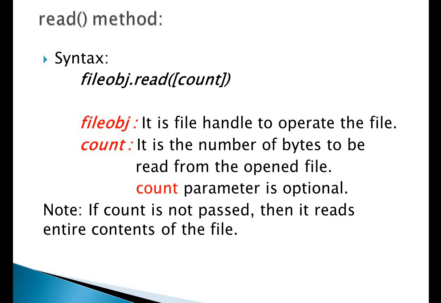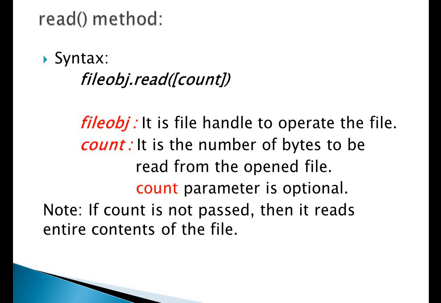So this is the difference between the two read methods. The first read method is not accepting anything, and the second read method is accepting the number of bytes that you want to read, and this number will be passed as the count.